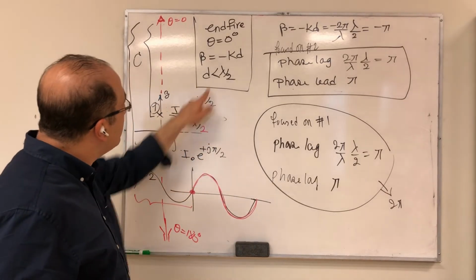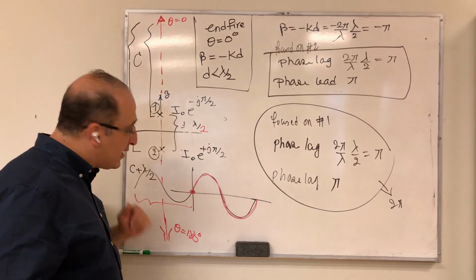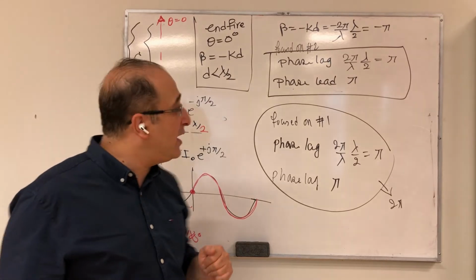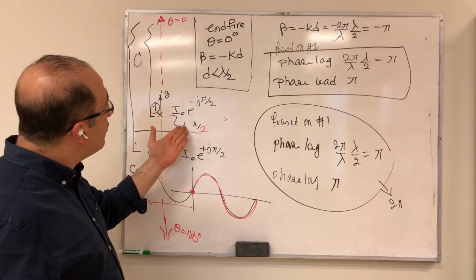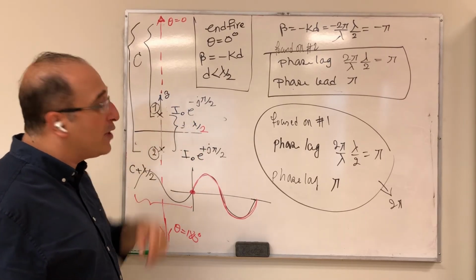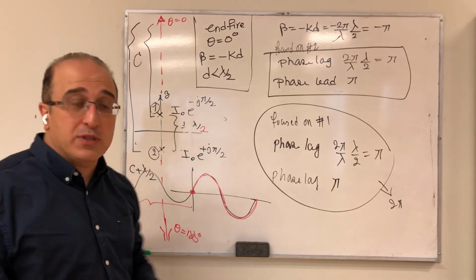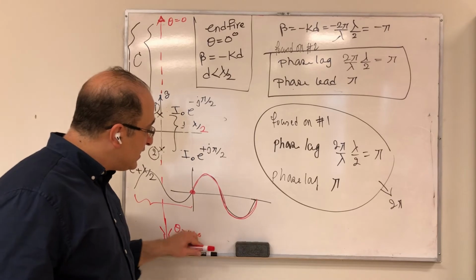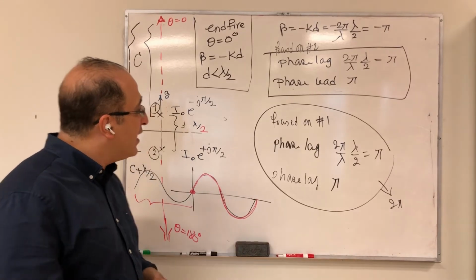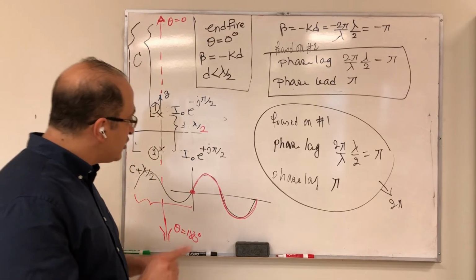I just showed that if you don't satisfy that, you get another maximum too. And if you make it even worse, let's say d equals lambda divided by 4, you may start having more grating lobes. So this is essentially what I wanted to mention here.